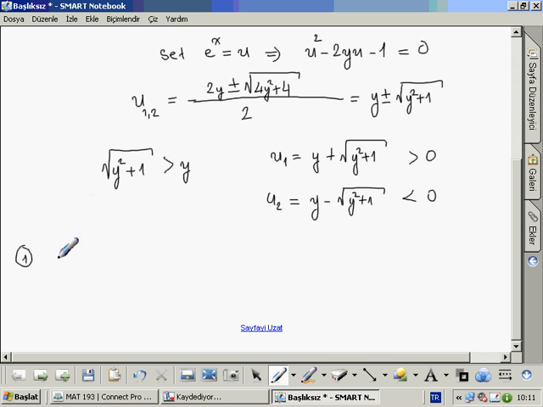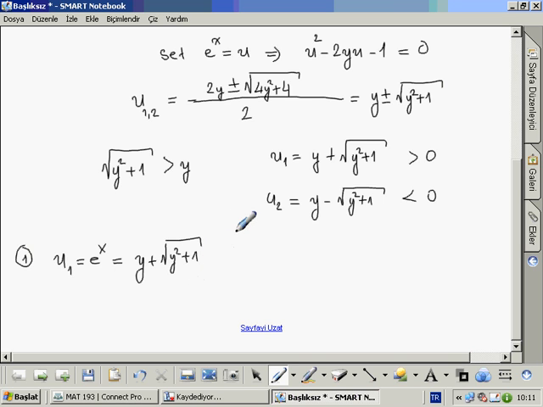For the first one, u1 equals e to the x, and it's equal to y plus the square root of y squared plus 1.